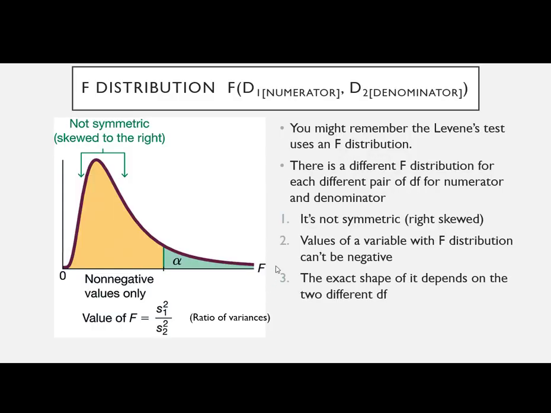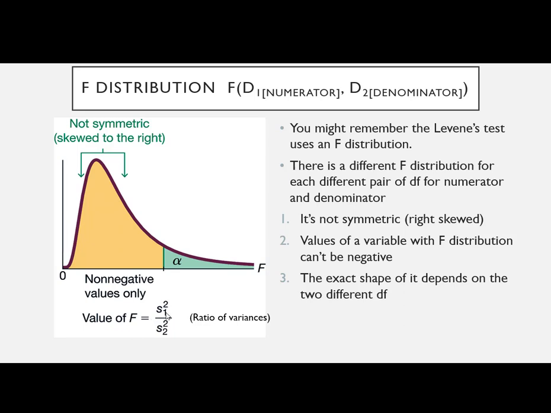When we do an ANOVA, we're now moving away from t distributions, and we are now looking at an F distribution. You might remember that Levene's test had what I showed you was an F statistic. It followed an F distribution. There is a different distribution for each different pair of degrees of freedom for the numerator and denominator, because an F distribution is a ratio of variances.